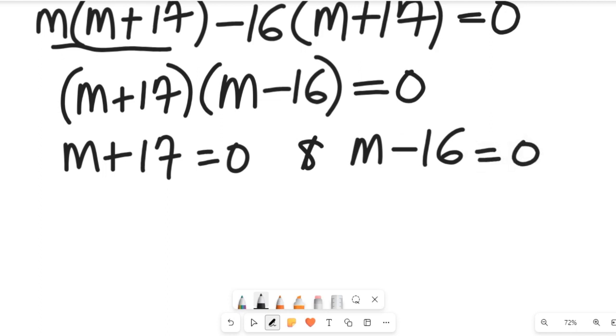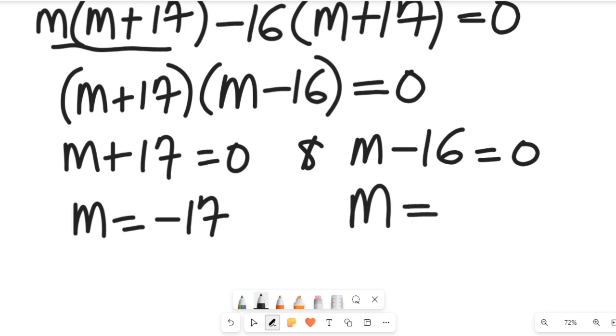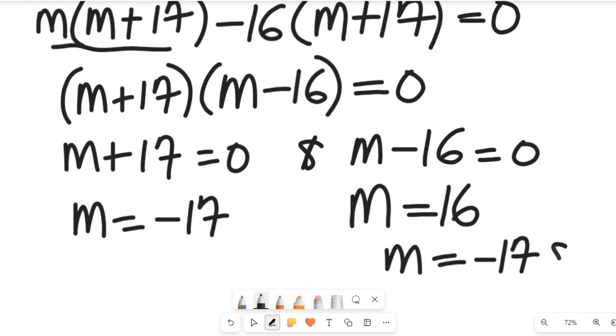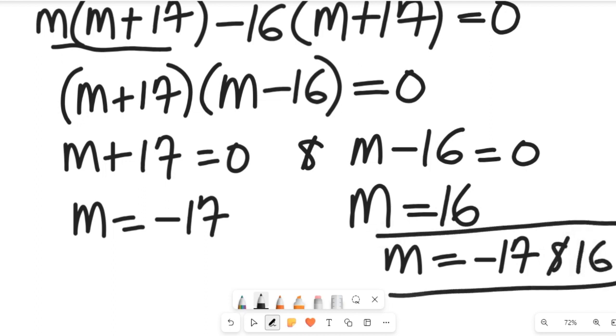If we subtract 17 from both sides, we have m equal to negative 17. And from the other side, if we add 16 to both sides, we'll have m equal to 16. So you see, m can be equal to, as we got earlier, negative 17 and positive 16. These are the two values of m that are assigned to that solution.